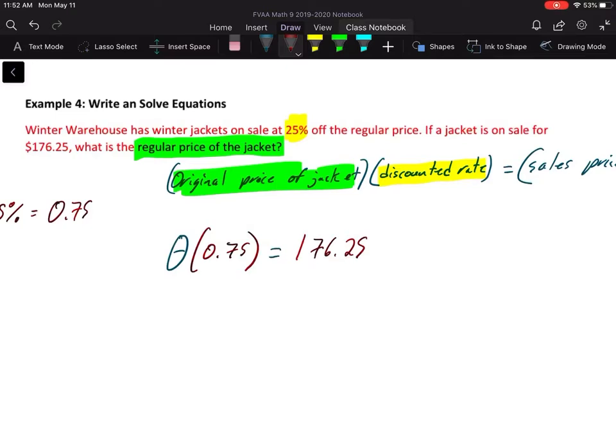$176.25. So now my variable is the original price, right? And I need to isolate my variable, and because it's original price times the discounted rate, I'm going to divide both sides of my equation by 0.75. That's going to cancel this out over here, leaving me with just the original price of the jacket.